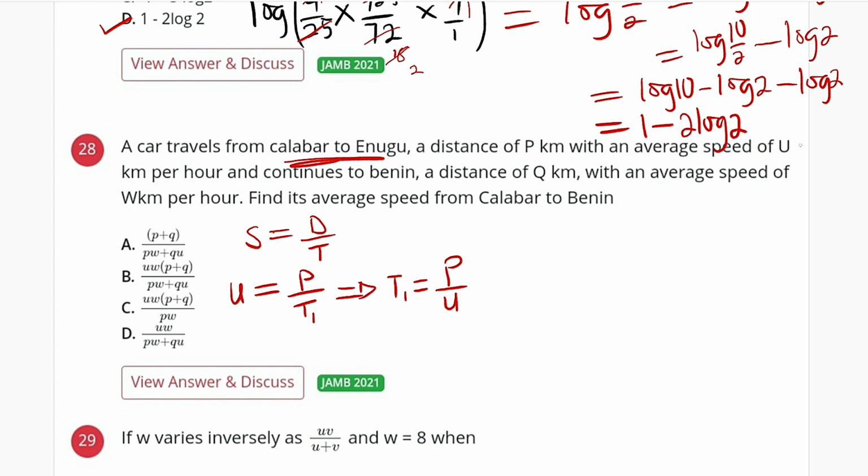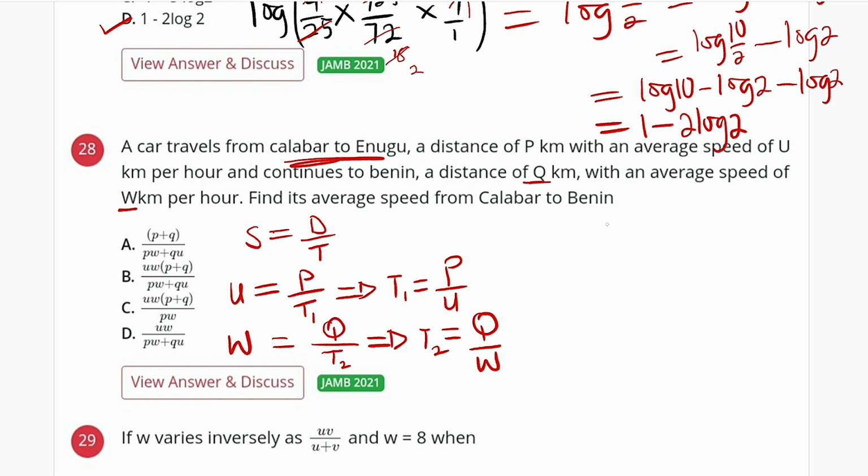Then from the second one, a distance of Q. Here we're talking about Q as a distance, and average speed of W. So we have W equals Q divided by T2, which implies that T2 is equal to Q divided by W. All right, so how can we find the total average speed?